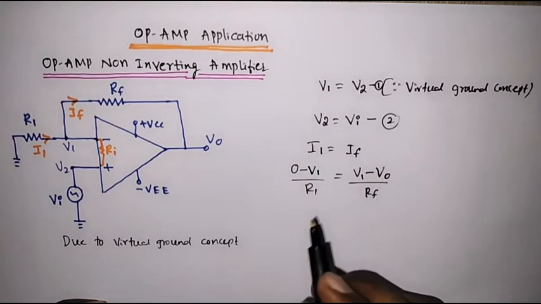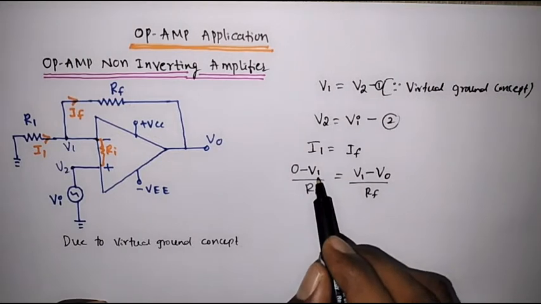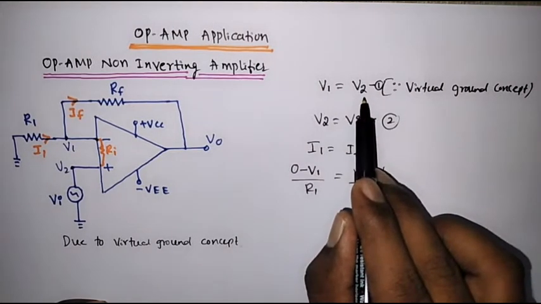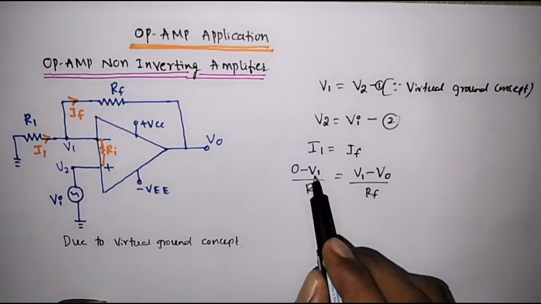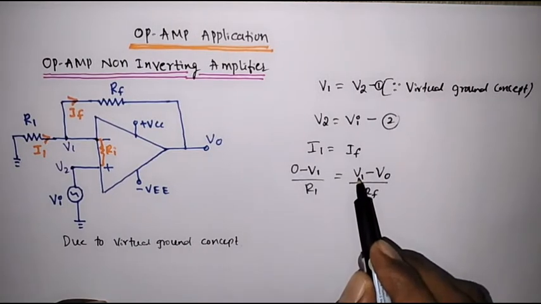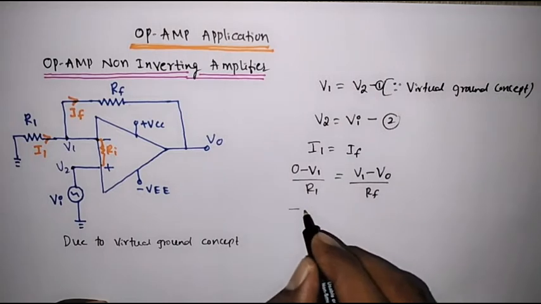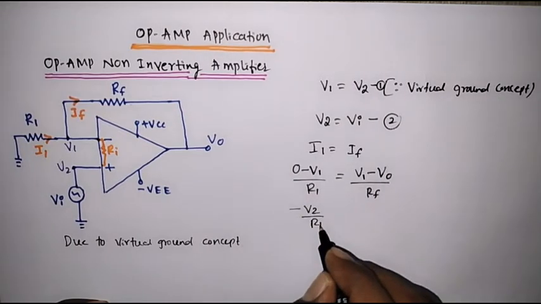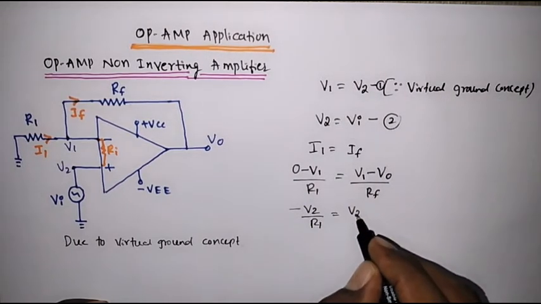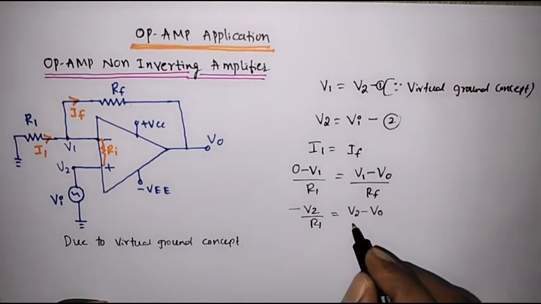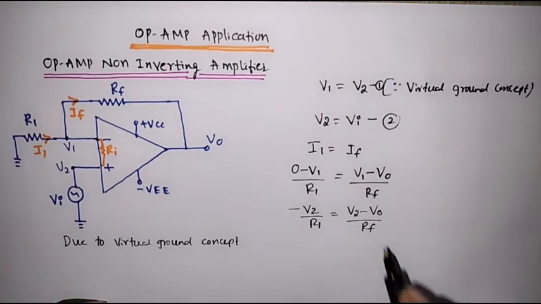And here we know that V1 is also equal to V2. Therefore, I will replace V1 by V2 here as well as here. I can write it as minus V2 by R1 is equal to V2 minus VO divided by RF.